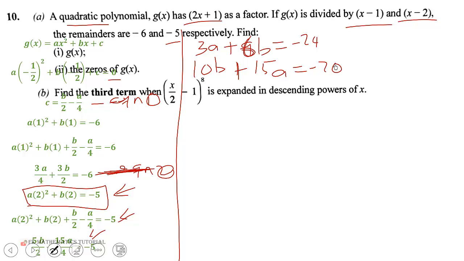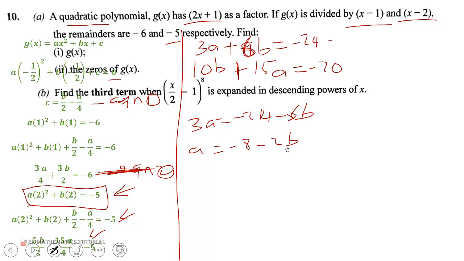So we can solve these two equations for a and b. We can make a the subject in the first one here. We get 3a is equal to negative 24 minus 6b. So a will be equal to negative 8 minus 2b.